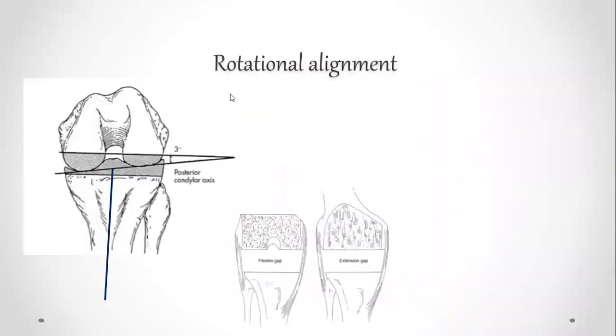So how about the rotation? Rotational alignment. This picture shows the knee in flexion. This is not an extension, this is a flexion of the knee. Like the condyles of the femur, the intercondylar notch, and the sulcus is here. Now, you can see on the right side, the most right is the medial and the lateral here. You can also see that the medial condyle of the femur is projected more distally than the lateral, not always posterior.